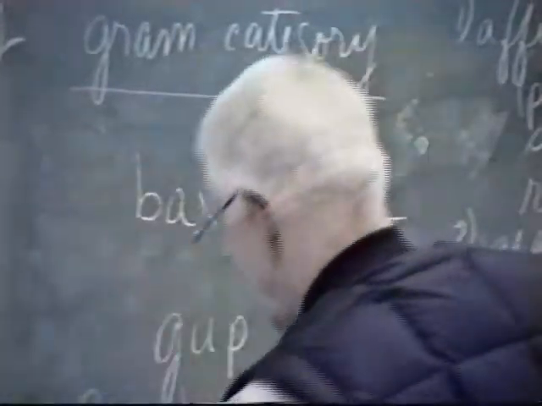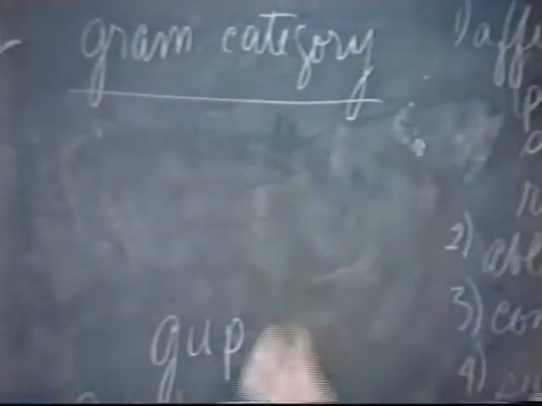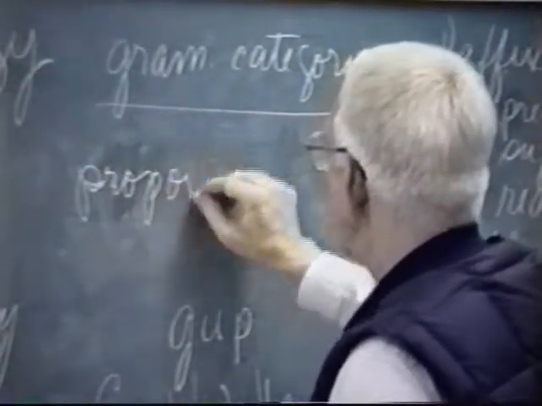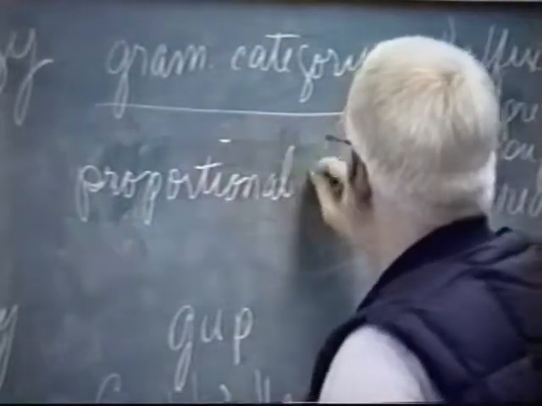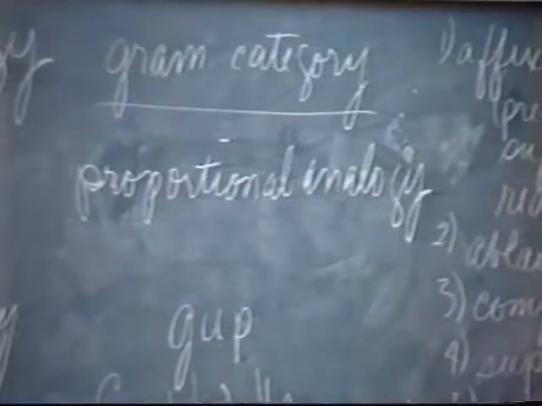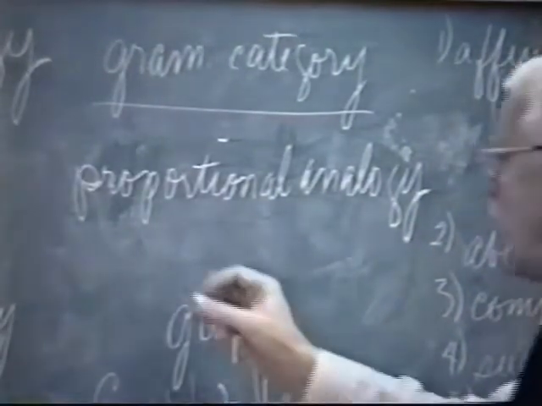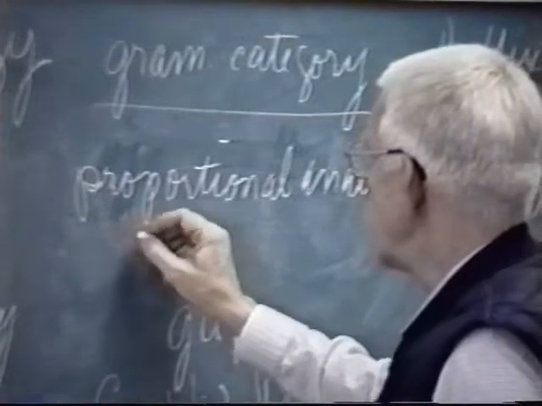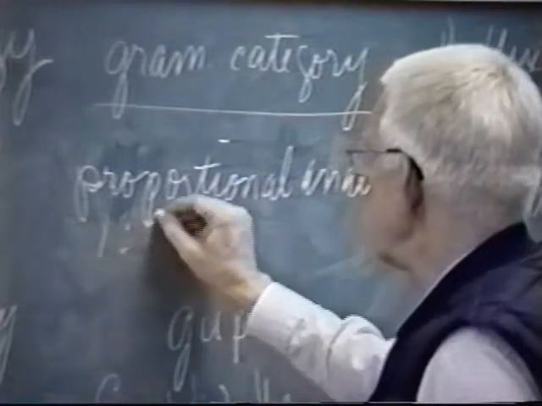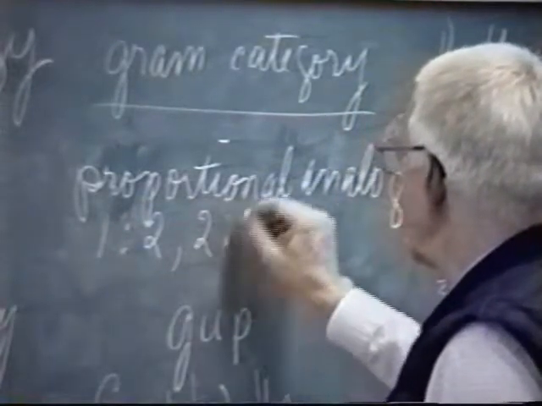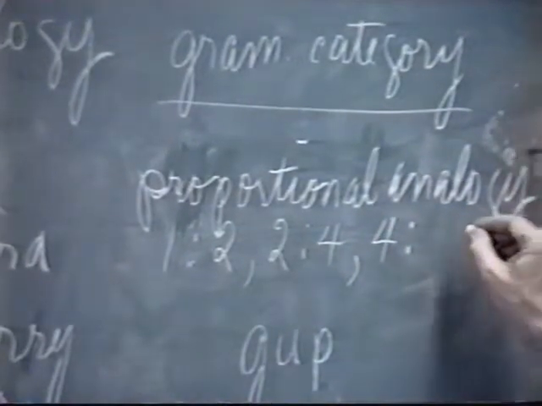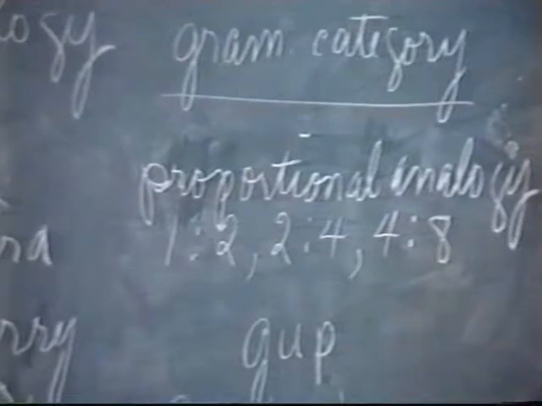To put this on the board, this little teaching strategy that I just used with you, I made use of what is called proportional analogy. It's a very powerful way of arranging material for learning. And, you know, you can think of a proportional analogy as 1 is to 2, as 2 is to 4, as 4 is to 8, and so forth.